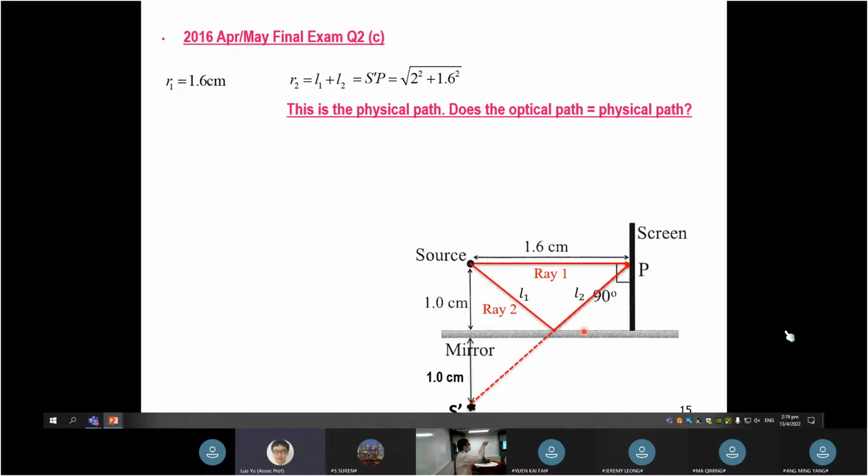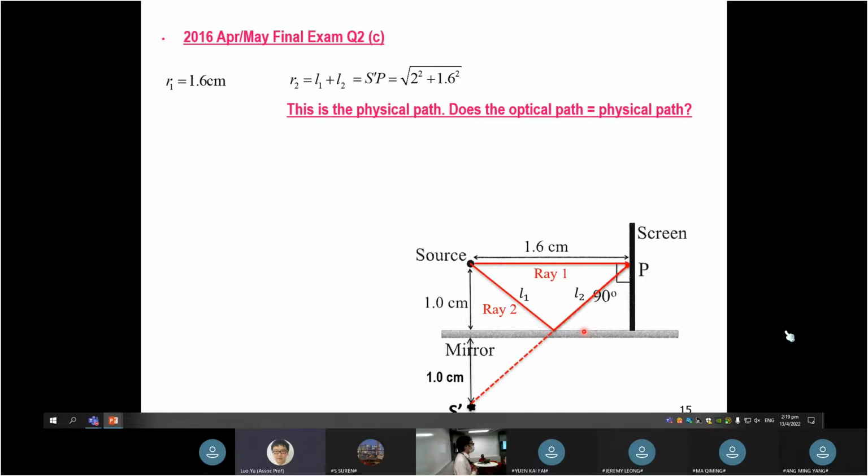So it is similar to adding lambda over 2. If light is reflected by a mirror, this always happens, no matter whether you place the mirror in water, in glass, or in any kind of transparent material, especially in air. Light reflected by the mirror will gain a pi phase difference.